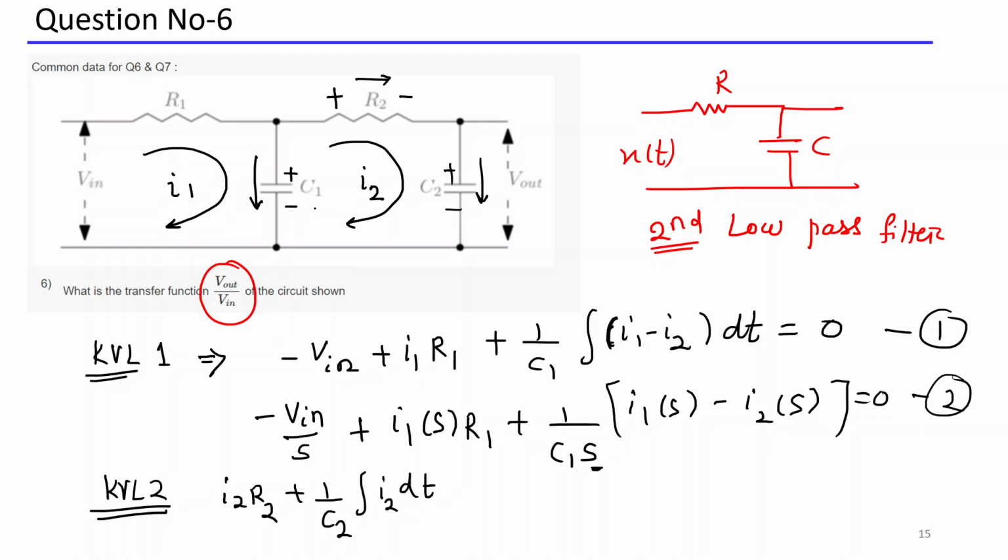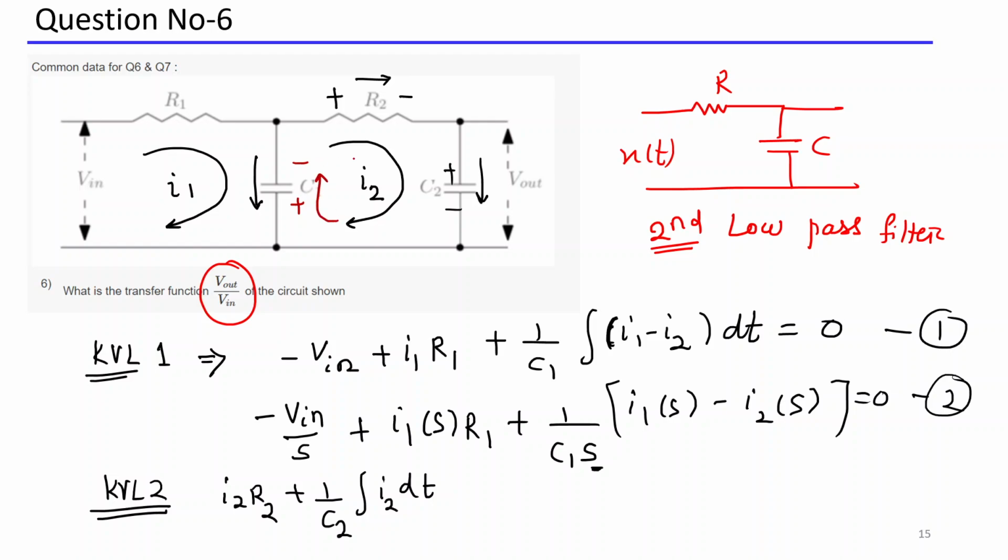Now in this capacitor C1, the current I2 is moving upward and I1 is moving downward. So the net current is this minus that for the first loop. For the second loop, now I'm changing the color, and you can see the current is moving from plus to minus here.